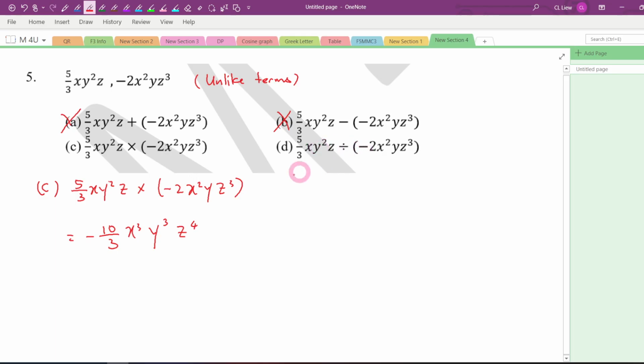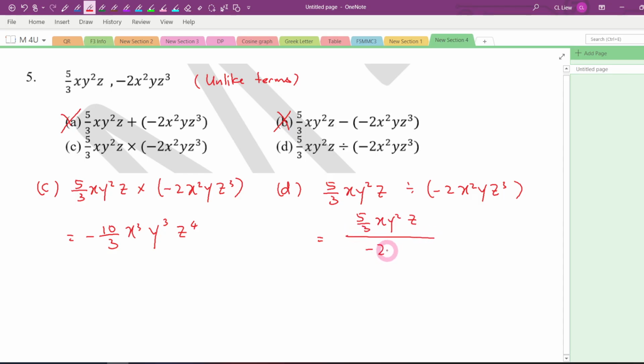So how about division? 5 over 3 x y squared z divided by negative 2 x squared y z cubed. Just now, I showed this way, right? 5 over 3 x y squared z over negative 2 x squared y z cubed.